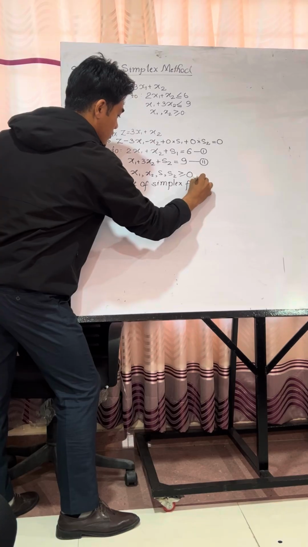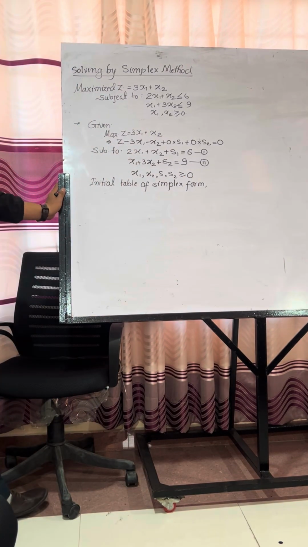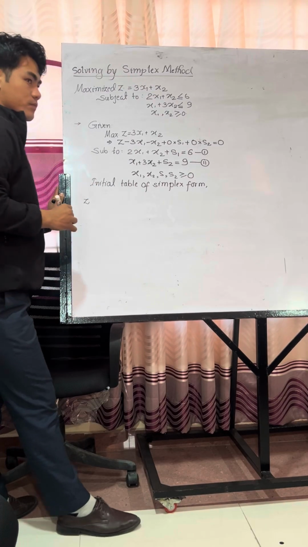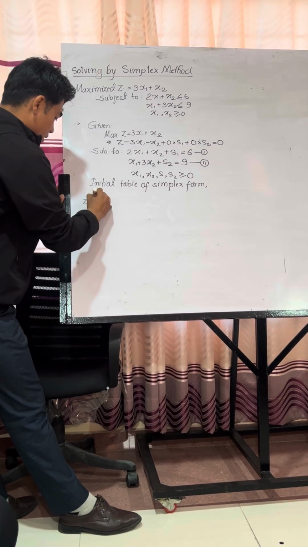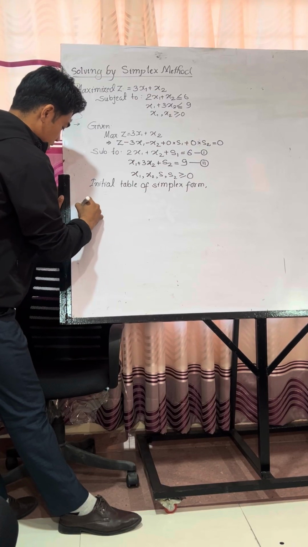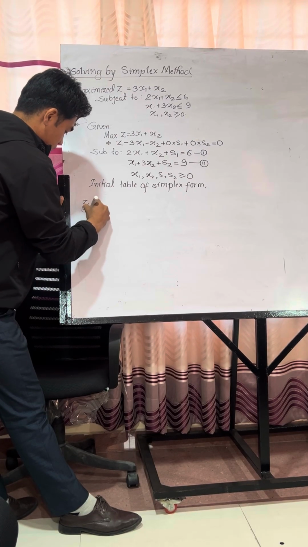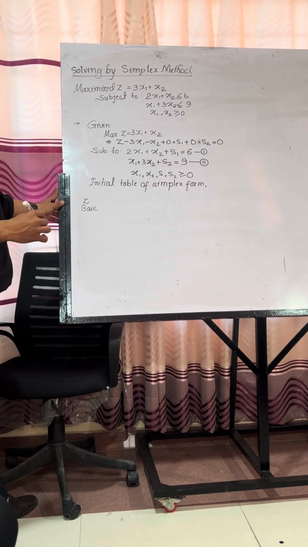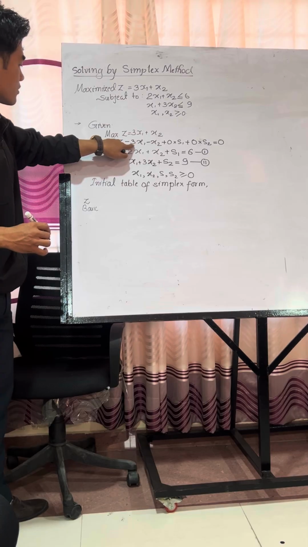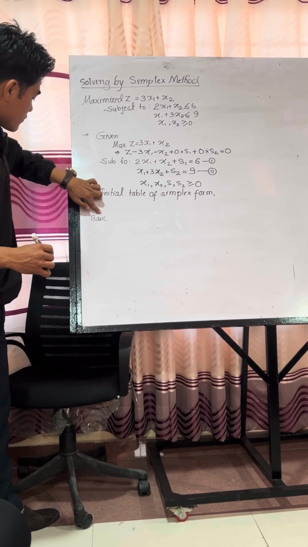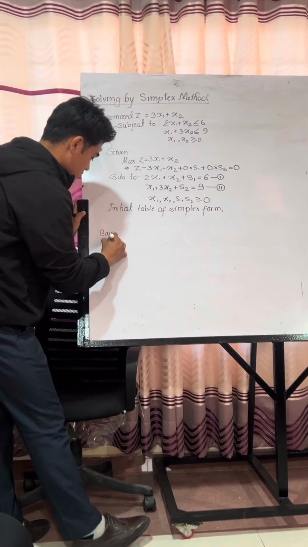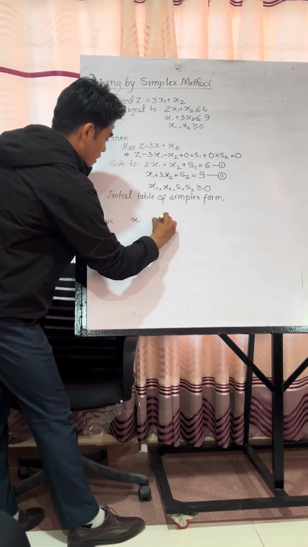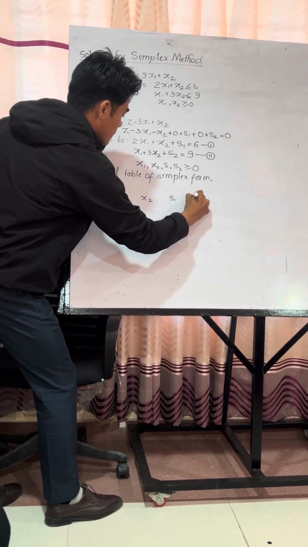Now this is the revised simplex table, so in the upper part we'll write the Z coefficient and the basic variables also. First we will write the coefficients of Z. Now the variables here are x1, x2, s1, s2.